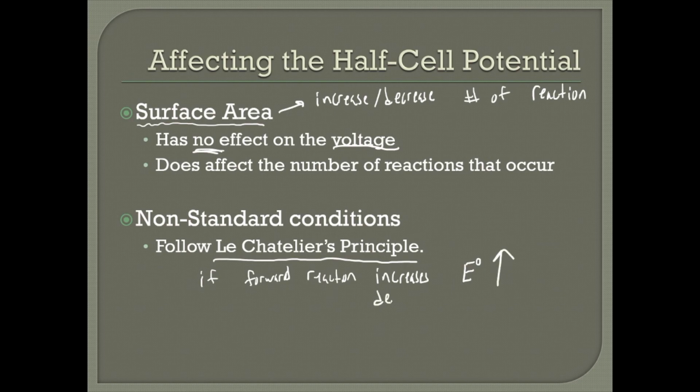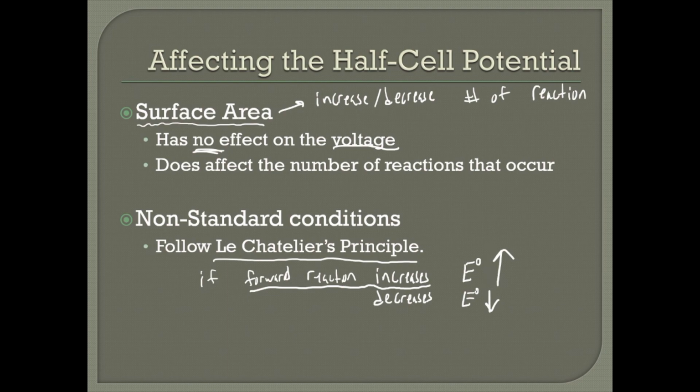And similarly, if the forward reaction decreases, then my potential voltage goes down. So if you want to increase the amount of voltage you're getting from a reaction, you just have to figure out a way to make the forward reaction occur more often. So either increasing the concentration, increasing the temperature, or maybe in some cases decreasing the temperature if it's an endothermic reaction. But basically, as long as I can make the forward reaction occur more, I can get more voltage.